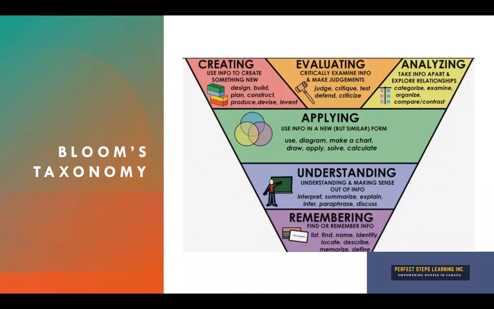You should know all your systems. You should know the whys: why does this happen? Why is this DKA patient going into acidosis? Why are they going into ketosis? You have to know the whys. If you know the whys, you will be able to answer your questions based on analyzing and evaluating.